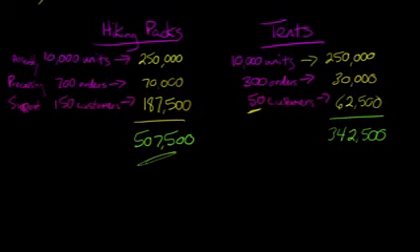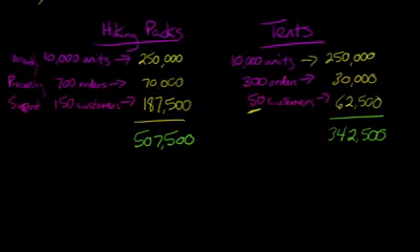We're spending over $150,000 more in that overhead bucket, even though we're doing the same number of units, because of this discrepancy between 700 orders here and 300. So the tents, even though it's the same number of units, are a lot less hassle in terms of these two items, and so it's costing us less when we just look at that overhead bucket.